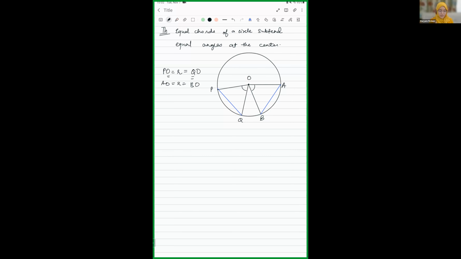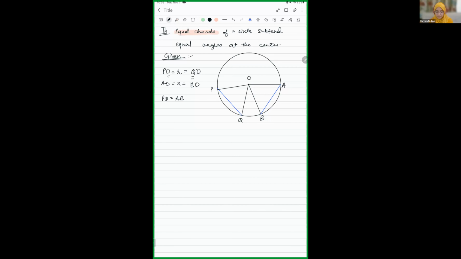All right. So what is given to us? Let's first write what all is given. PO is equal to AO, this thing is given. And then PQ is equal to AB. This is also given that they are equal chords. Equal chords of a circle.